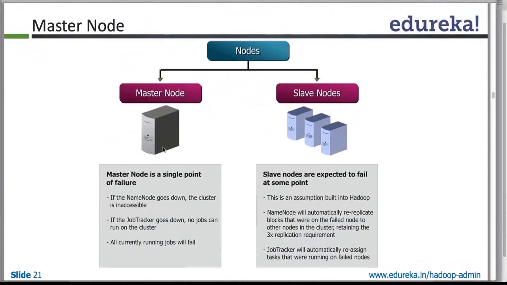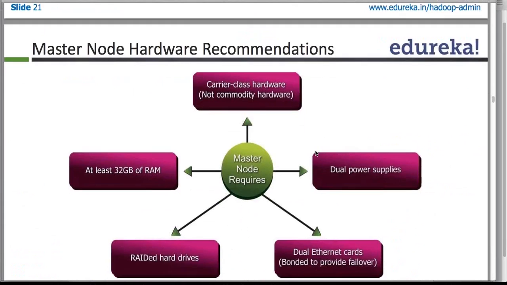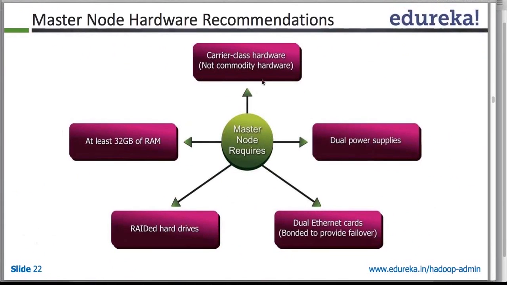On master, I will always put good hardware, as we discussed, because they are a single point of failure. But data nodes are designed to fail because we have replication 3, so I can afford the failures. So on my master, I will not use commodity hardware. I will put carrier class hardware.